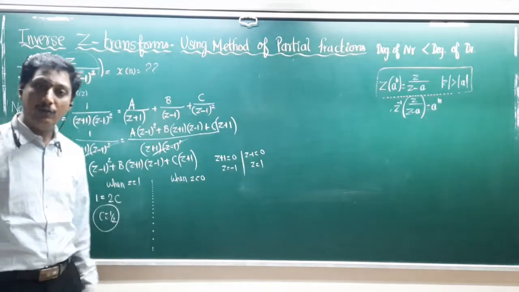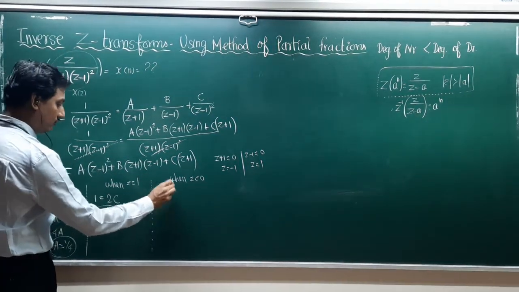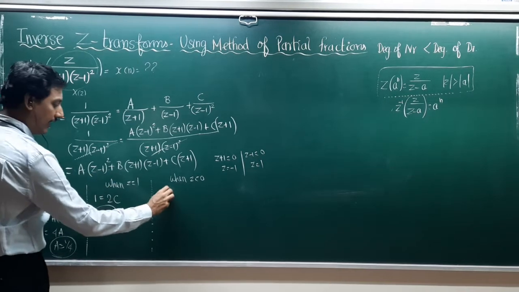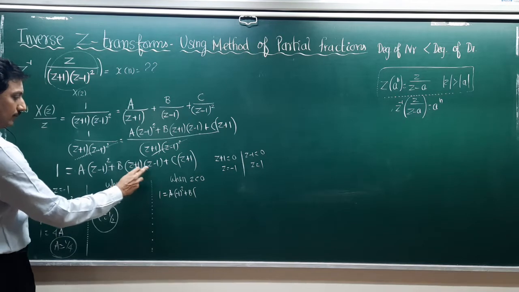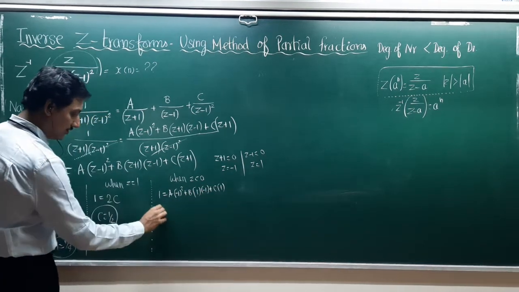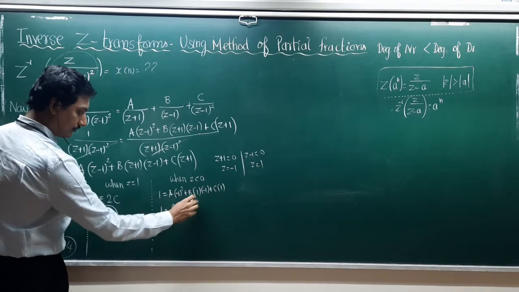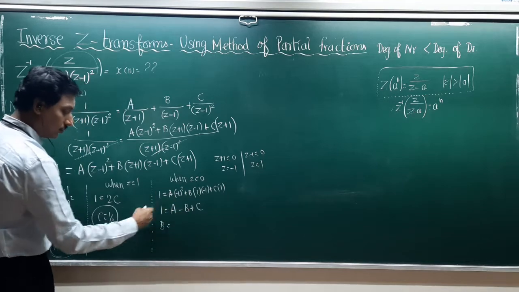To get the B value, very simple, by putting z equal to 0. When we substitute z equal to 0, the left hand side is 1. We get A into (minus 1) whole squared, plus B into (0 plus 1) into (0 minus 1), plus C into (0 plus 1). So we get 1 equal to A minus B plus C. So minus B, bring it to the left hand side.